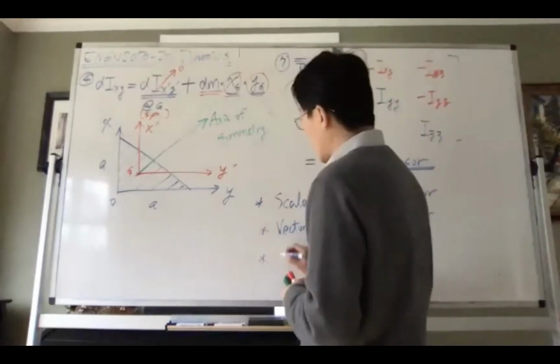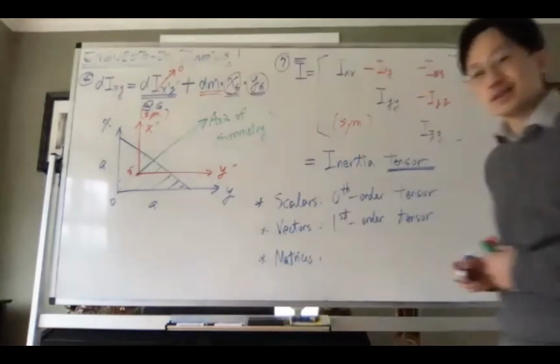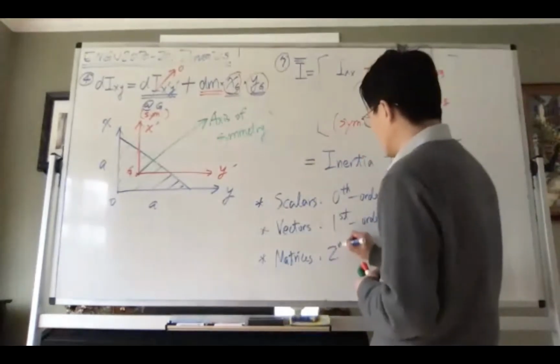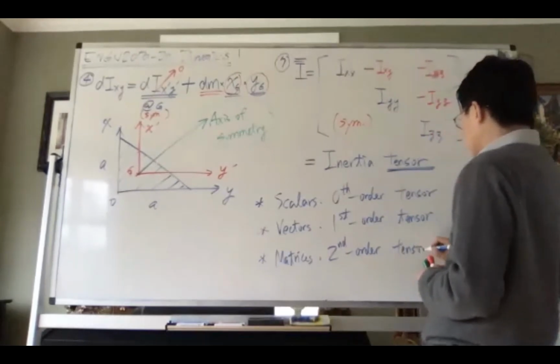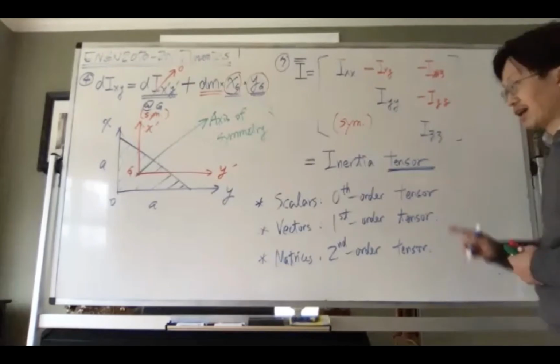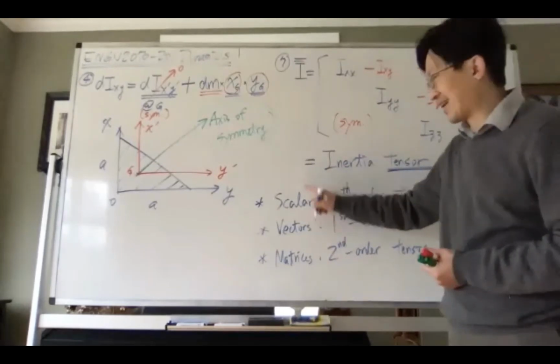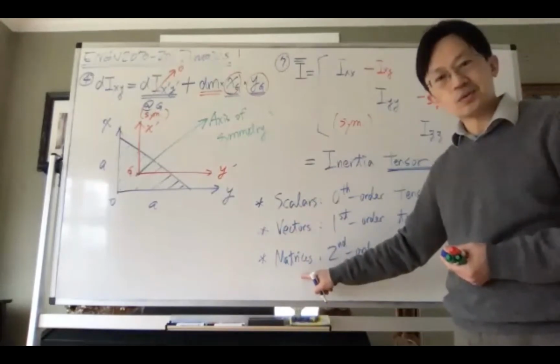And the next one is what? Matrices. What are matrices? They are second order tensor. Now you see why mathematicians like to use tensor, because this way they don't have to bother themselves with the scalars, the vectors, or matrices. They are just names for engineers to use.